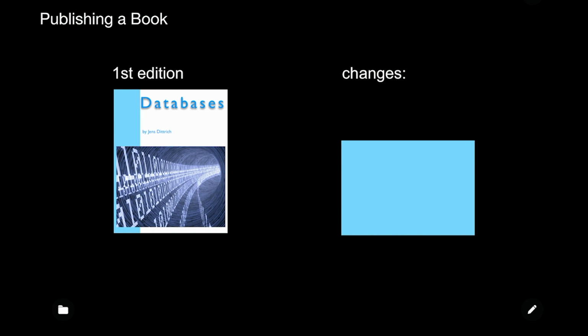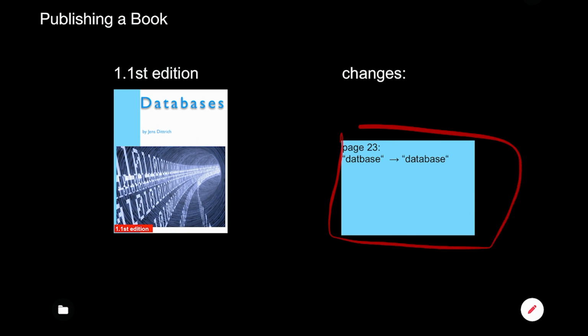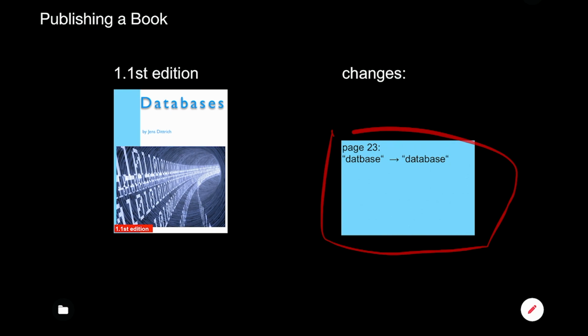Eventually people start writing emails: there's a typo on page 23, you wrote database rather than database, so you should fix that. I record those changes in this file, which, as explained before, is stable storage.